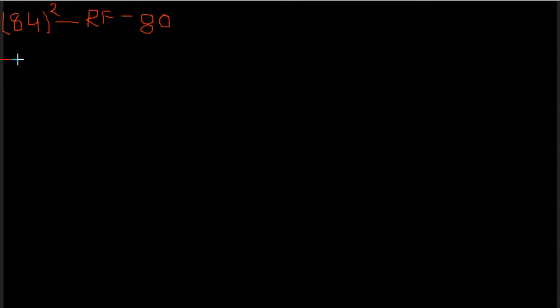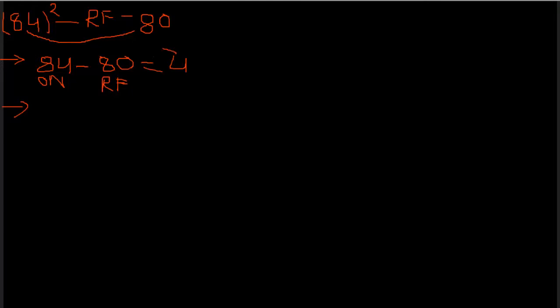Now in our first step, just like previously, we need to find the difference between our original number, which is 84, and the round figure. So the difference between 84 and 80 is 4.